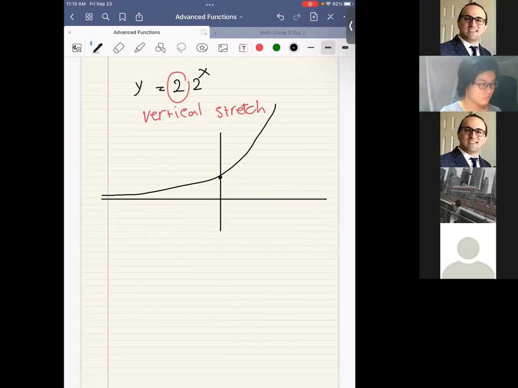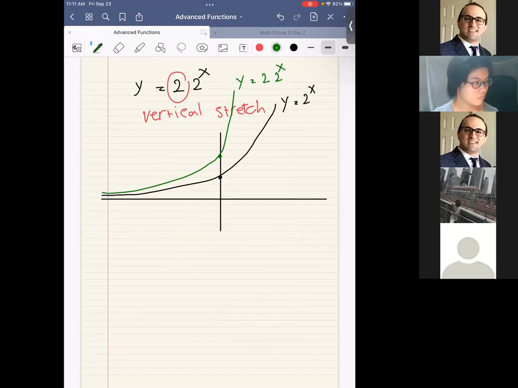Now, if you have a vertical stretch, you are going to get something like this, because the y-intercept would be 2 instead of 1. I mean, it's not exactly, but this would be y equal to 2 to the power x, and the green one would be 2 times 2 to the power x.